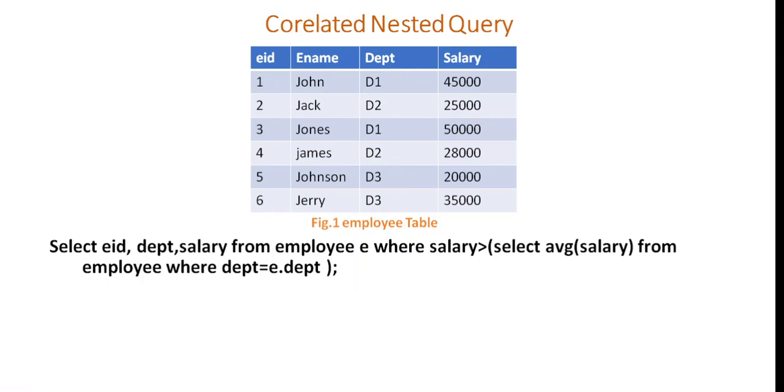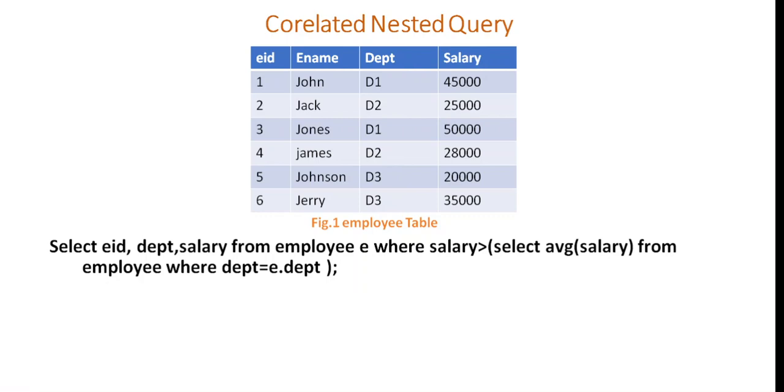I want to display information of employees whose salary is greater than the average salary of employees working in their department. See, employee ID 1, John, is working in the D1 department, and employee ID 3 is also working in the D1 department.